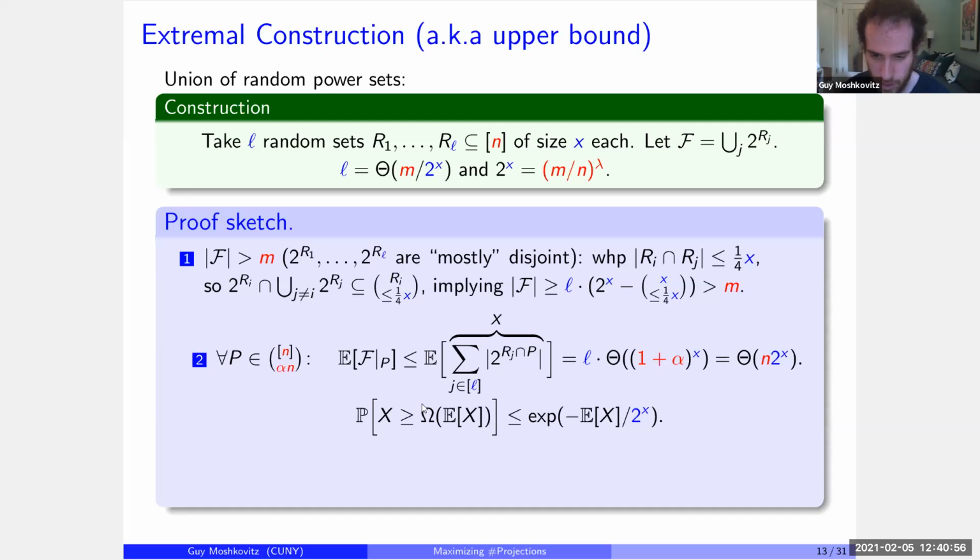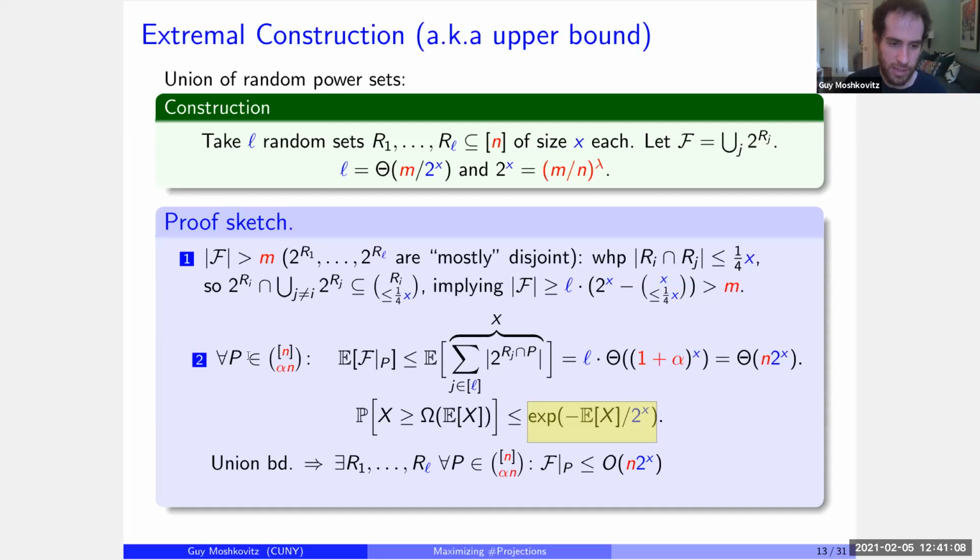That's easy enough. But if you plug in what we just found out about the expectation of our random variable X, we get that this is exponential in n, which is fantastic because this holds for any choice of P, but there are at most an exponential number of such P's.